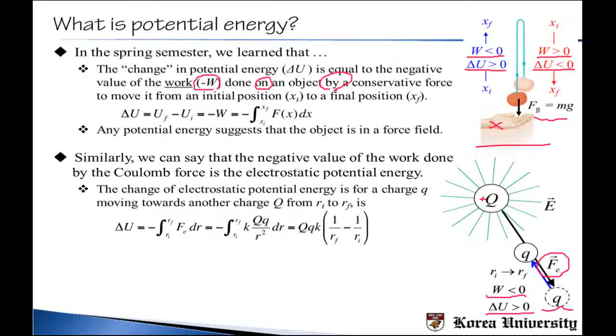So let's see how we can quantitatively calculate this change in potential energy. This is what we are doing. Just like we did for the gravitational force, you integrate the force through the displacement, but put a minus sign here. And we already learned that the Coulomb force is k multiplied by the 2 charges, large Q and small q, divided by their distance squared, r squared.